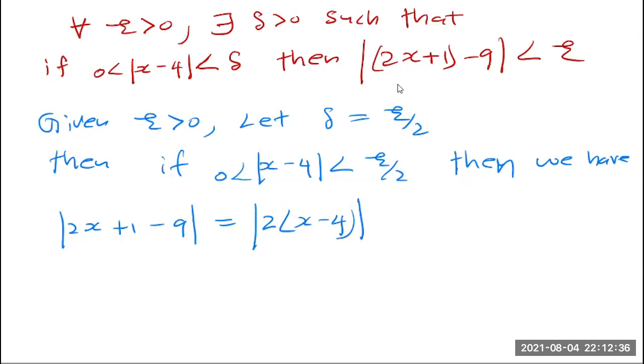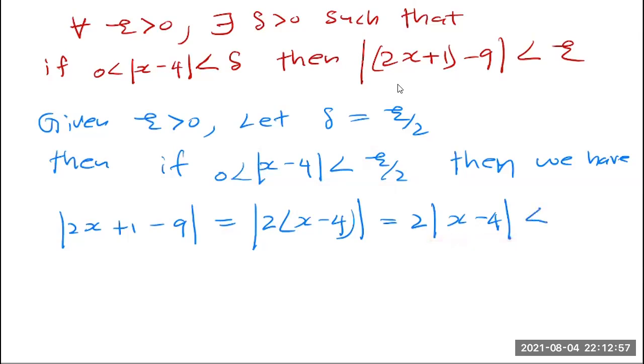But we know that, first of all, let me pull out this 2, 2 times absolute value of x minus 4. But I know that the absolute value of x minus 4 is less than epsilon by 2.